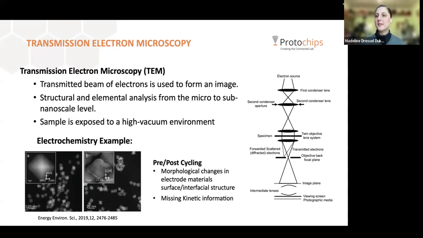But in order to really study processes with conventional TEM, we are limited to looking at snapshots in time of a pre-process and post-process, and then we have to use other techniques to figure out what's happening between, before and after.